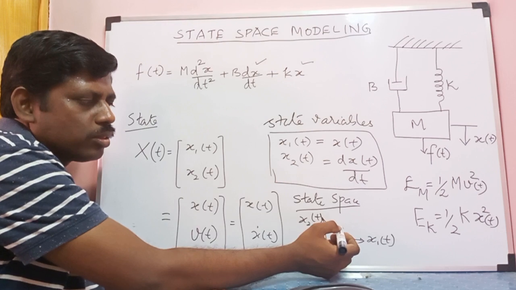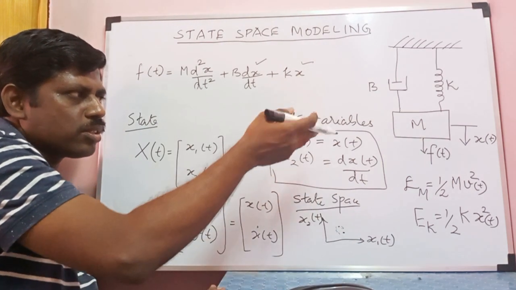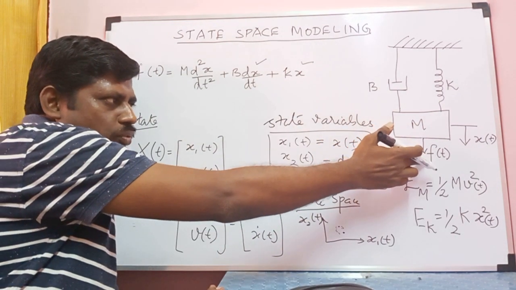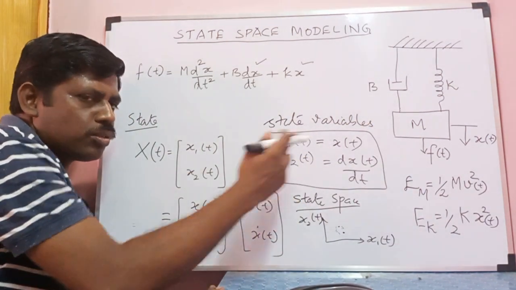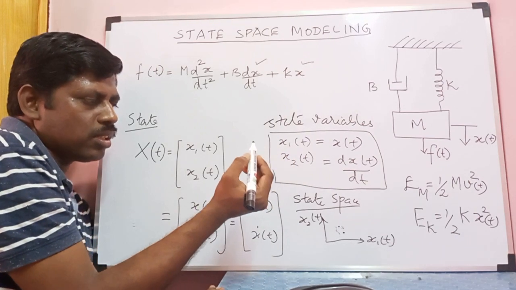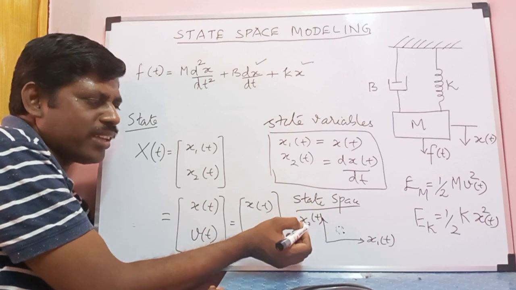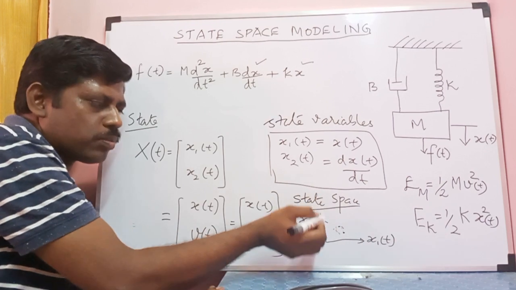When the system is subjected to an input f of t, x1 of t and x2 of t, that is x of t and v of t, are going to vary with respect to time. At each time t, if I take the corresponding values of x1 of t and x2 of t, I can plot them in this vector space.